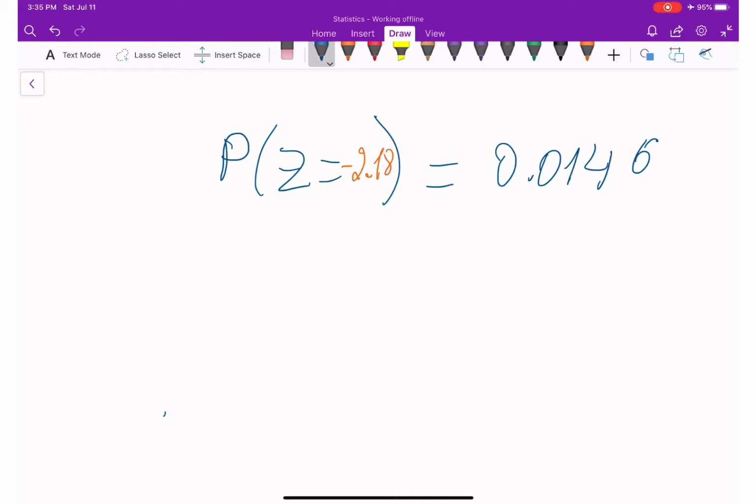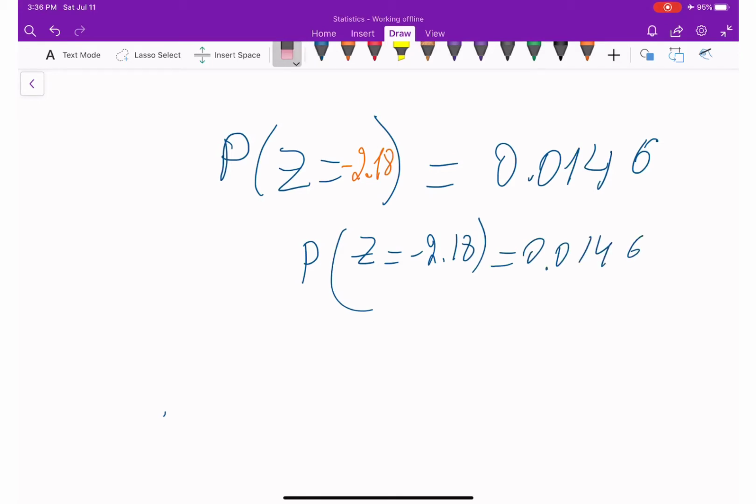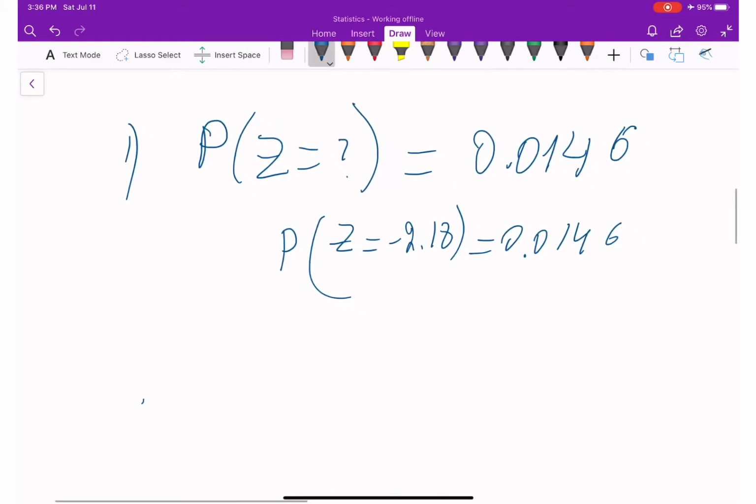So the answer is, z-score of negative 2.18 is equal to 0.0146. And I'll clean this one, leave the original problem the way it was. Okay, next question.